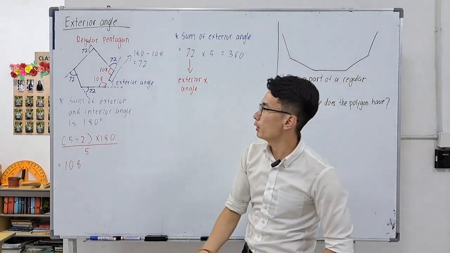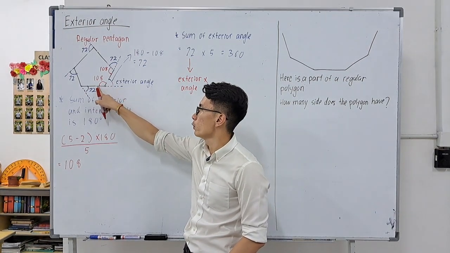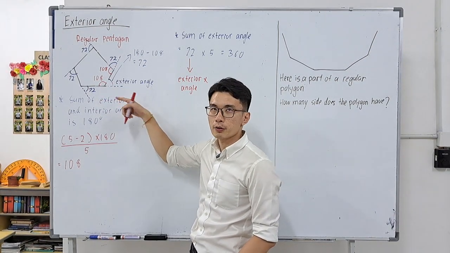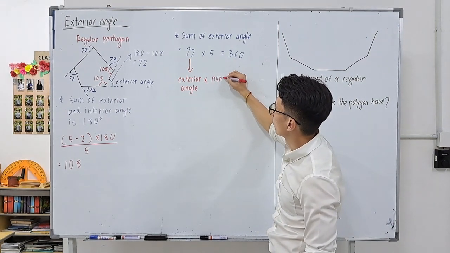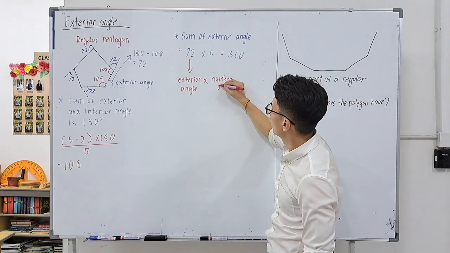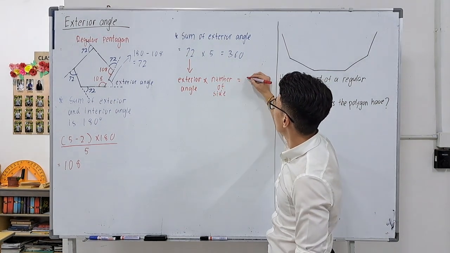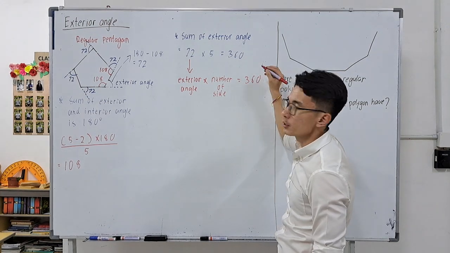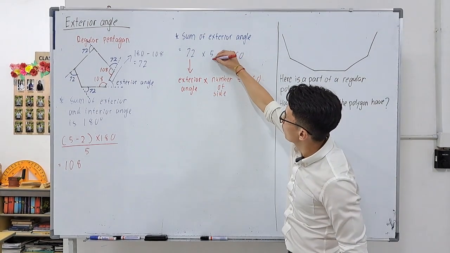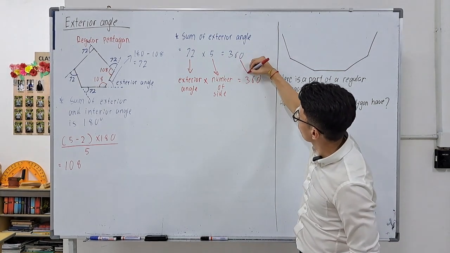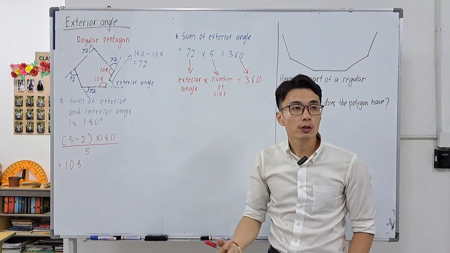And this 5 over here is telling me the number of sides. Now try to think about it. How do we have the exterior angle in the first place? It is when we extend the side, correct or not? So the 5 over here stands for number of sides. And this will always equal 360. Now, to put a disclaimer over here, this formula is only applicable for regular polygons only.